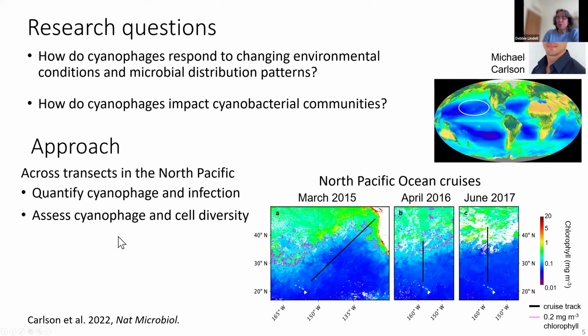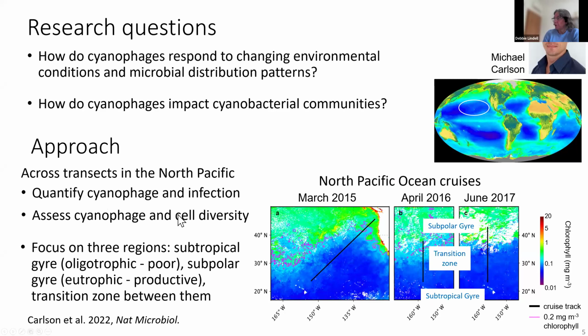And we'll also look at the cyanophage diversity as well as cyanobacterial diversity across those transects. And we're going to focus really on three major regions: the subtropical gyre, close to Hawaii, the subpolar gyre, and the transition zone between them.